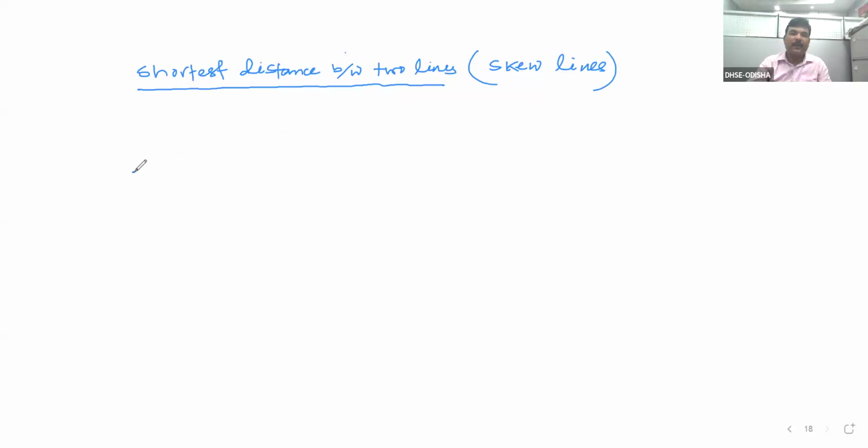Suppose this is line L1 and this is line L2. These are two non-parallel and non-intersecting lines.